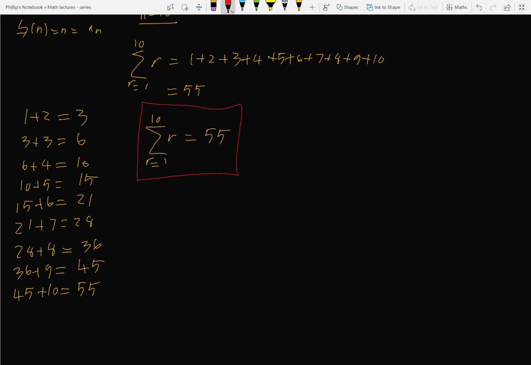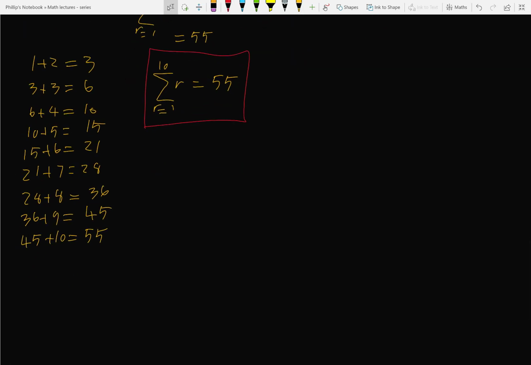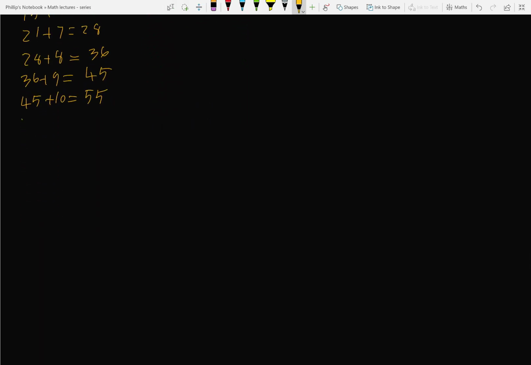right? So let's look at the addition rule now and the scalar multiplication rule of finite series.